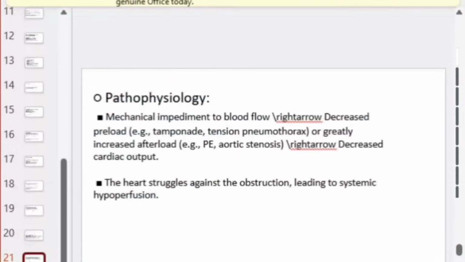Under the general management principles of shock, it is explained by early recognition and rapid intervention, which is called the golden hour. This is the effective measures taken after the shock has taken place.